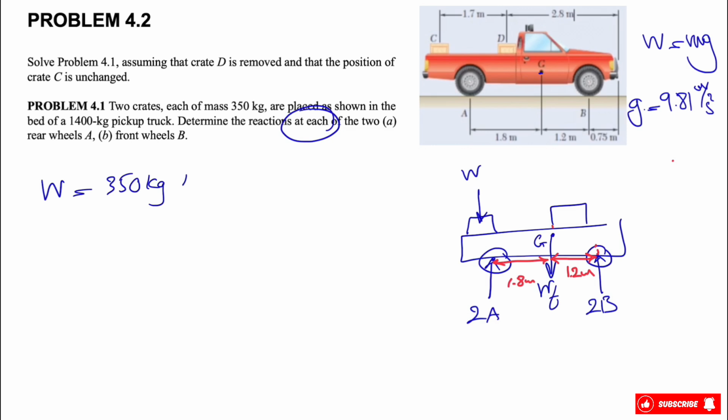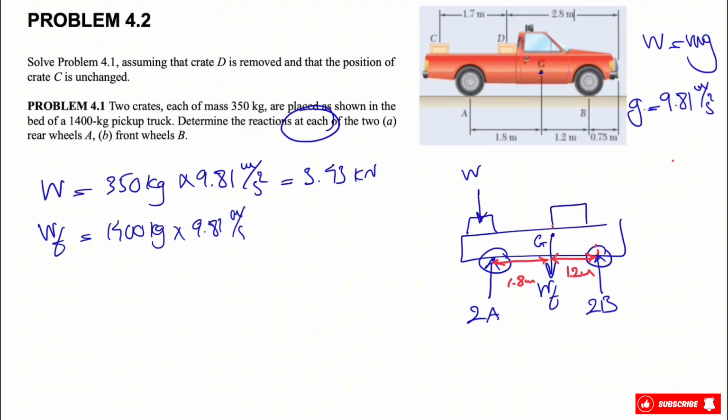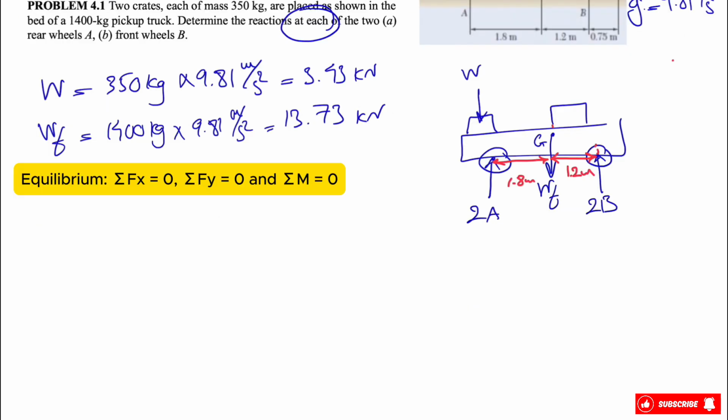So we have 350 times 9.81, and that gives us 3.43 kilonewton. To find the weight of the truck, same thing. This time we have 1400 as mass times 9.81, and this gives us 13.73 kilonewton.